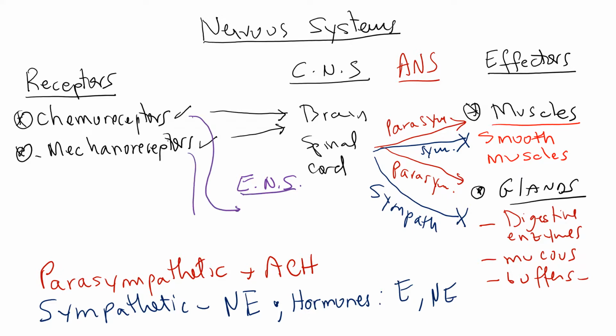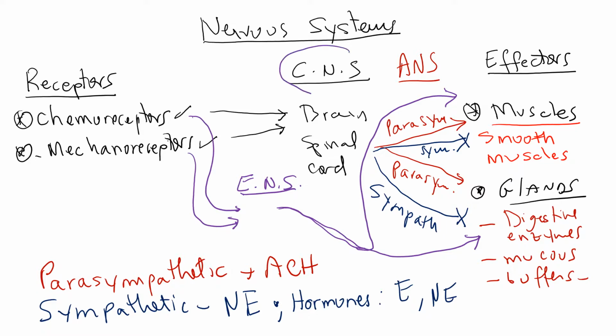Mechanoreceptors and chemoreceptors also send information to this enteric plexus, which in turn is going to respond by stimulating the secretion of the glands and contraction of muscles. So the GI tract is receiving stimulation from the central nervous system and its own enteric nervous system.